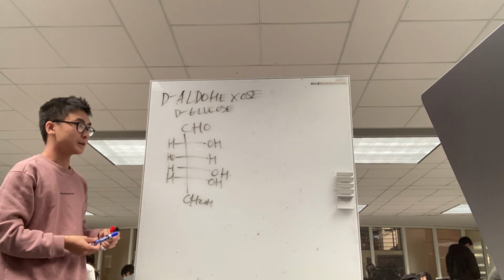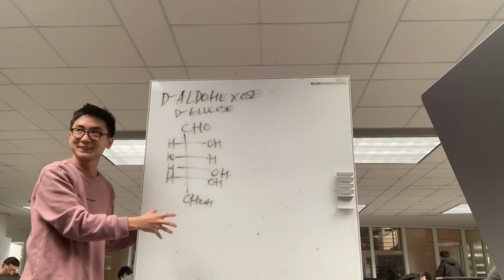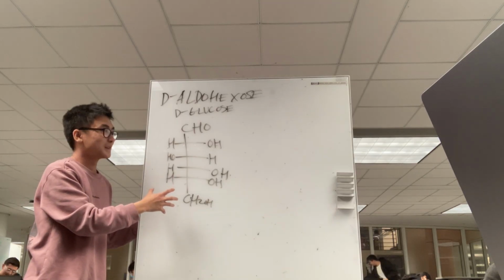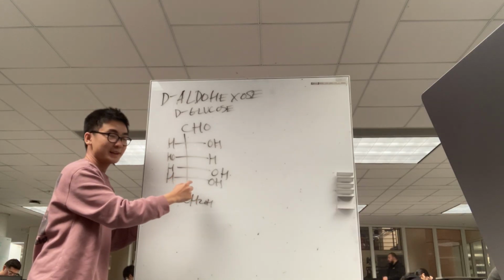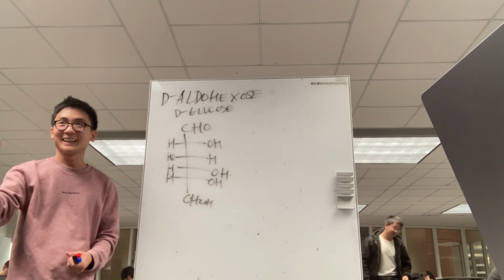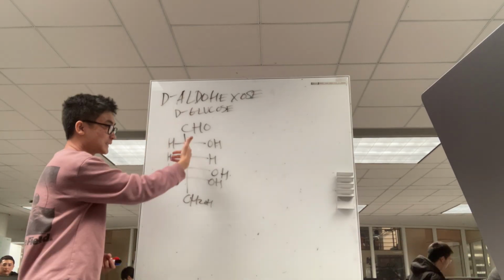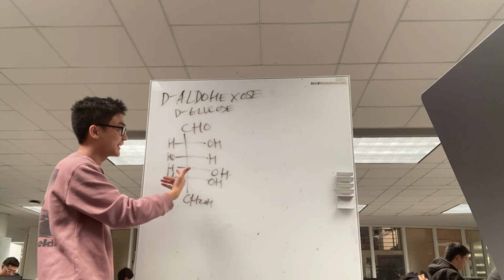There is a trick where you can memorize this exact configuration of D-glucose. Look at these horizontal bonds and use your right hand. Those 4 horizontal bonds are these 4 fingers: your index finger, middle finger, ring finger, and pinky finger.